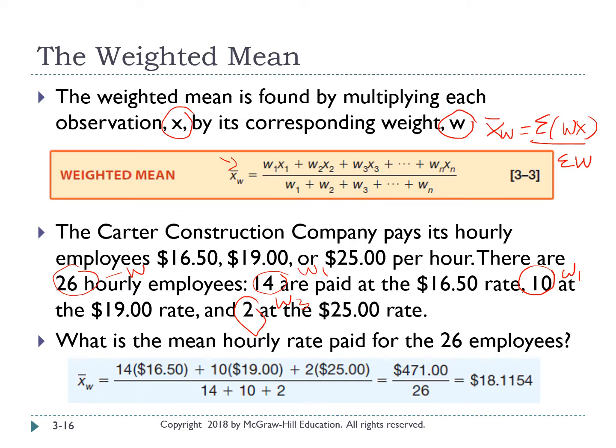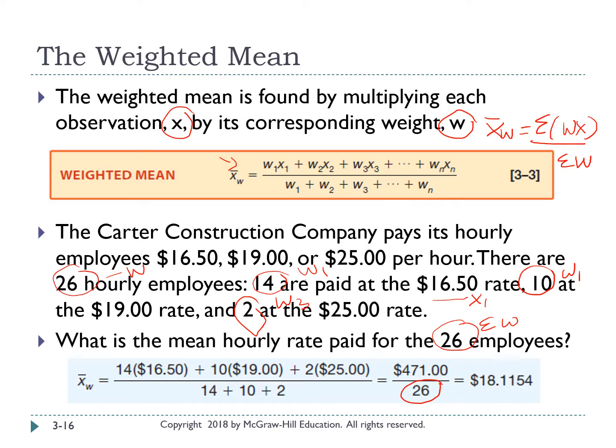So 2 at the $25 rate. So the question is, what is the mean hourly rate paid for these 26 employees? Basically, 26 here is the total weight, the summation of your weights. You can just simply put 26 here. Now how to find the weighted mean? It is very simple. You take weight 1, 14, multiply with 16.5, which is your first x, x1.